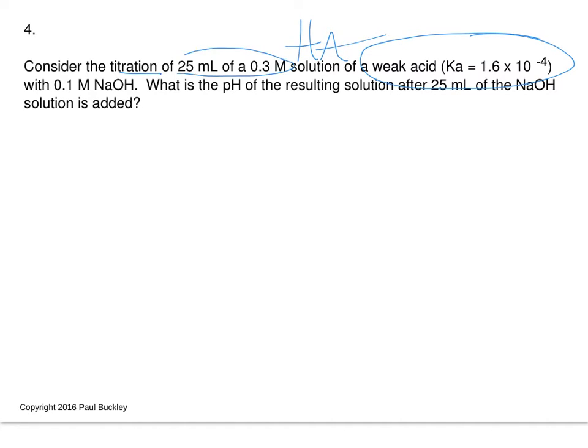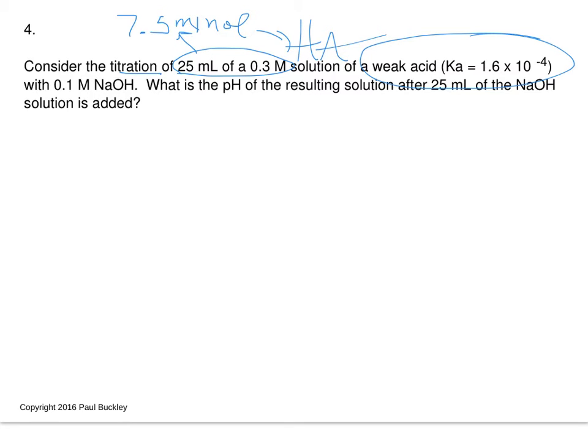So let's figure out how many moles of each we have. That way we can figure out where we're at. So 25 mils times 0.3 is, we have 7.5 millimoles of the weak acid.